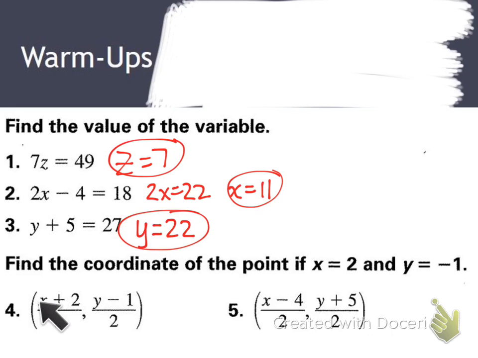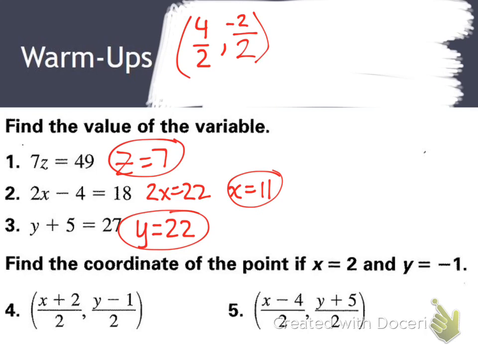If I plug in a 2 to this x, I would have 2 plus 2, which is what? 4 over 2. That comma just stays in the middle there. And if I'm plugging in a negative 1 to that y, negative 1 minus 1 gives me what? Negative 2. It's still being divided by 2.